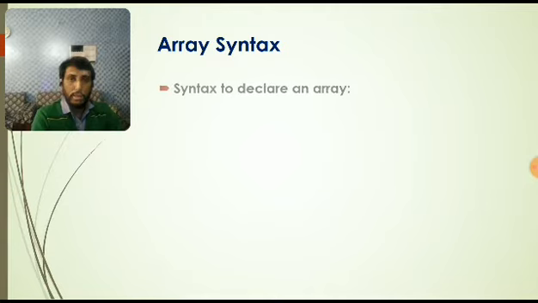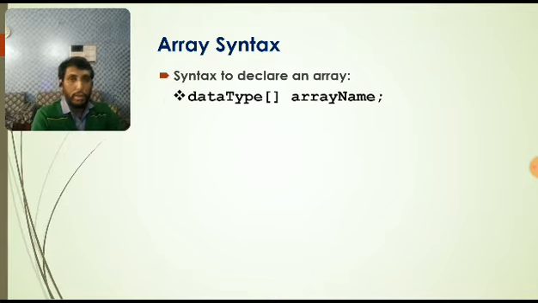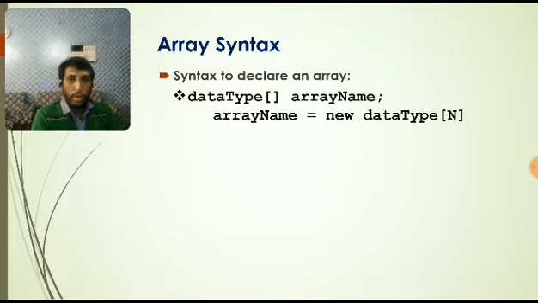Array syntax. The syntax to declare an array: data type, such as int, float, double, and then the name of the array. Generally we declare it in a normal way. So, array name and then new data type. After this we have to initialize it.